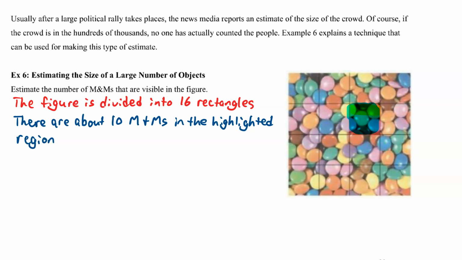So keeping that in mind and using the fact that we have 16 regions, we can multiply 16 times 10 to get our estimate of about 160 M&Ms.